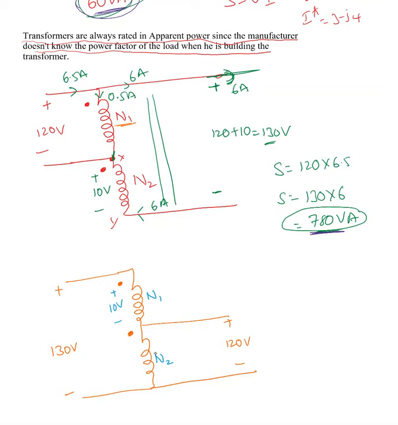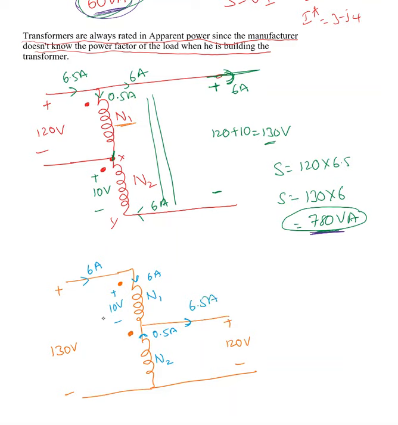Okay, now how much current can this handle? Whatever the current is going out, this can handle up to only 0.5 ampere. This can handle up to how much? 6 ampere. Okay, so the current coming here must be 6 ampere, and the current going out here must be 6.5 ampere.